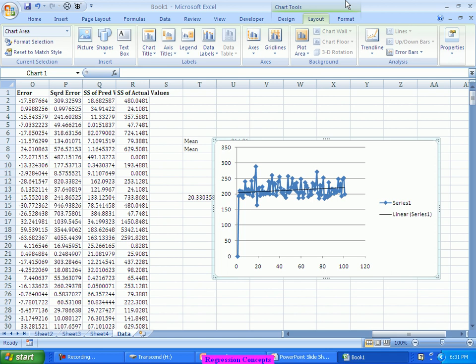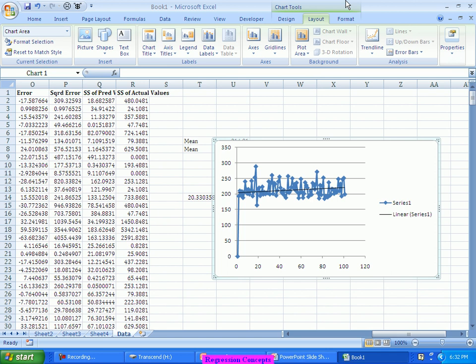When I look at the error of a point with respect to the line, how much is the deviation of each and every point from that line, that is what we call error. So the best line is the one where, when I take the errors of all the values around it, the total is the minimum possible. In this graph, it has identified that this line, the black line, is the best possible line.